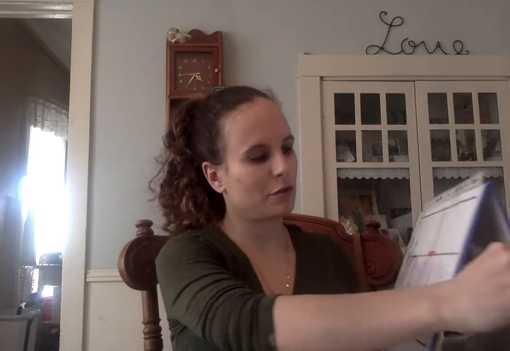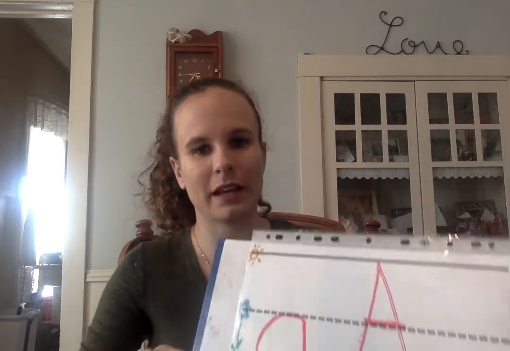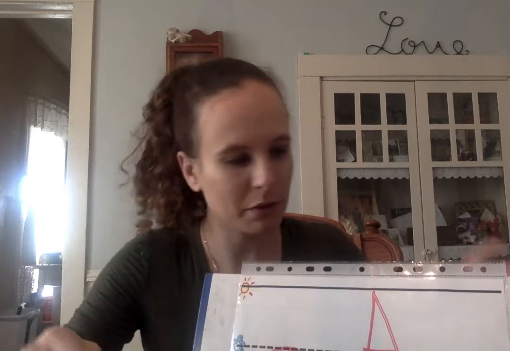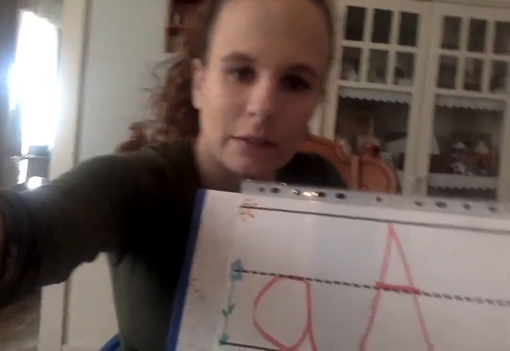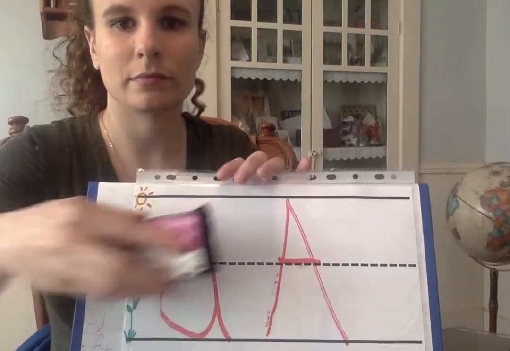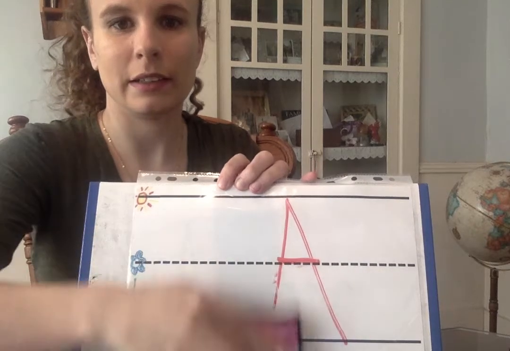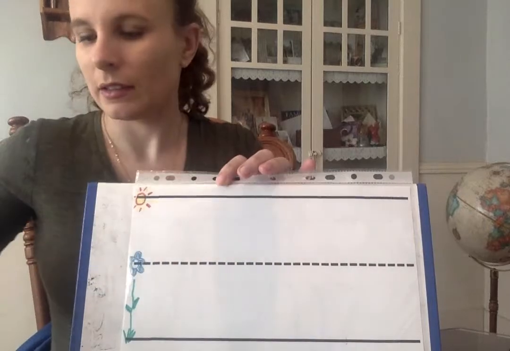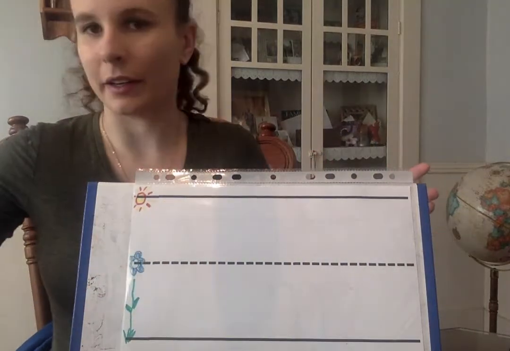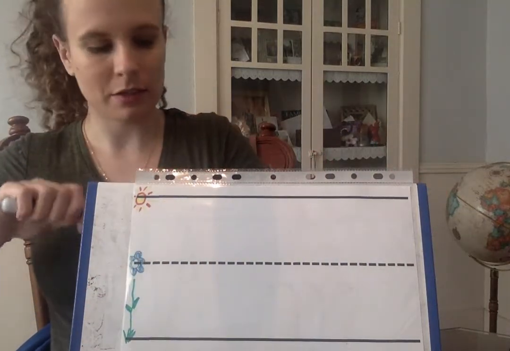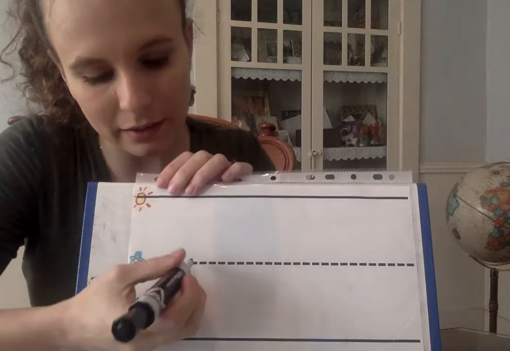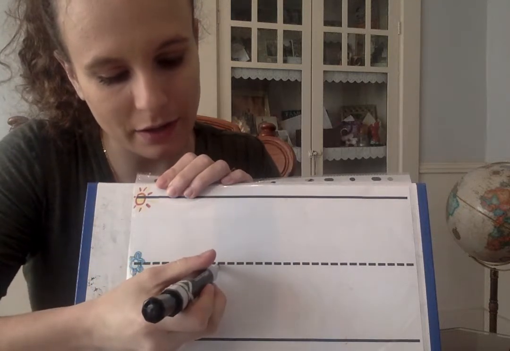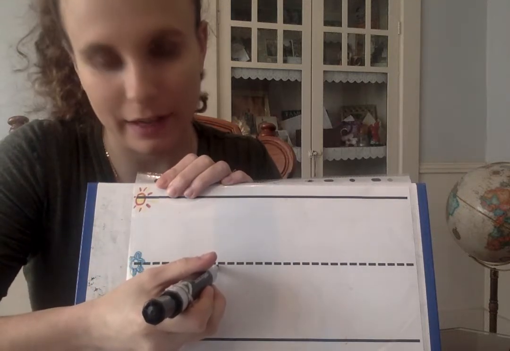So we got Q-U. I love it. Okay, so now we're going to practice making our Q-U's. Okay, I need a marker. Okay. So Q-U, to make a lowercase q, we start right about the flower line, the midline.